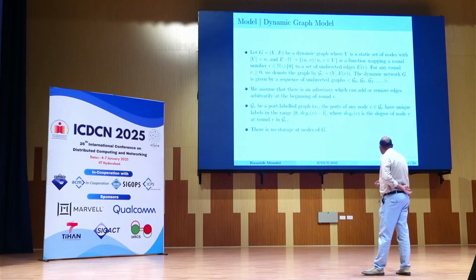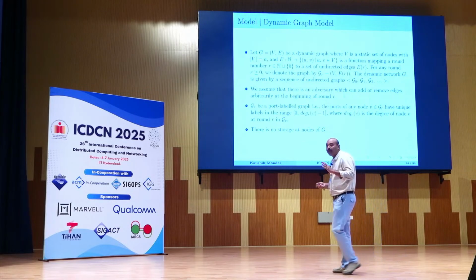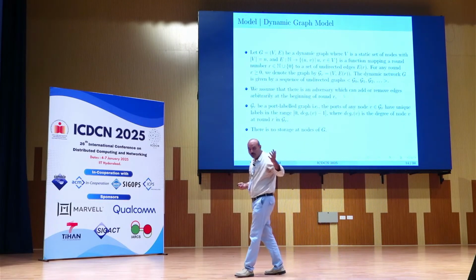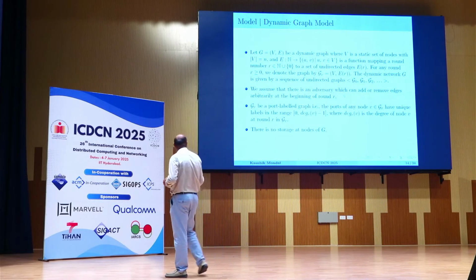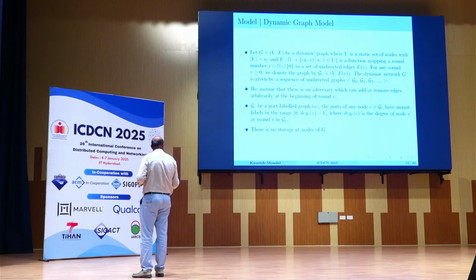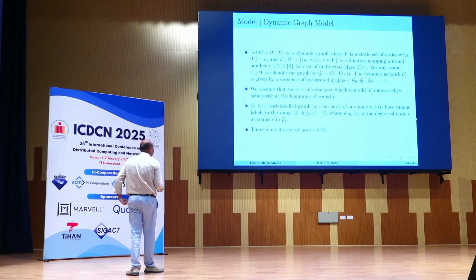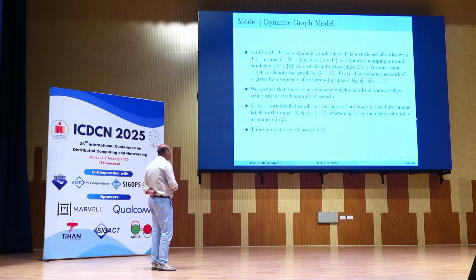So then, the adversary can add or remove edges arbitrarily at the beginning of round R, of course it has to maintain the underlying connectivity model according to the assumption. And then each G_R is a port-labeled anonymous graph, and the port numbers of any node are within the range 0 to the degree of V at round R minus 1.